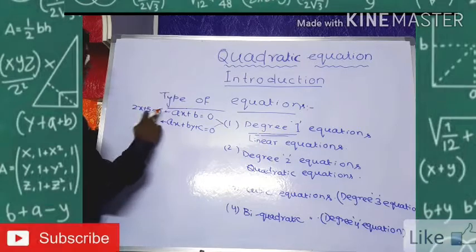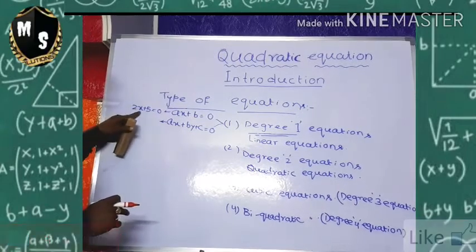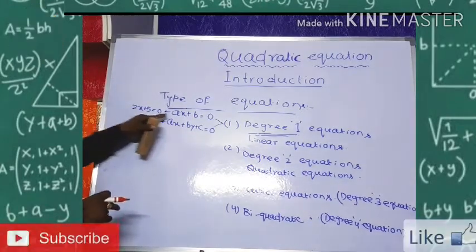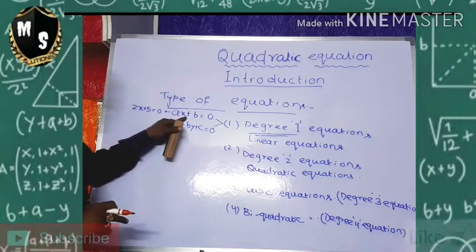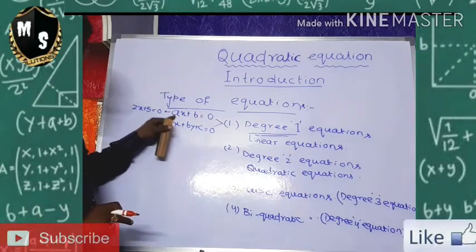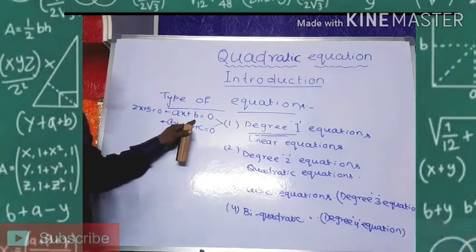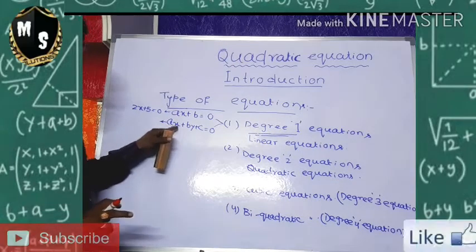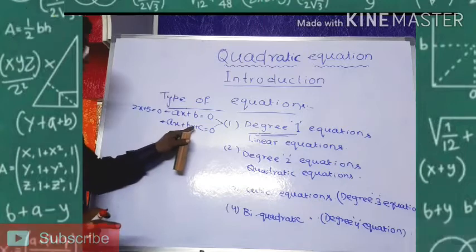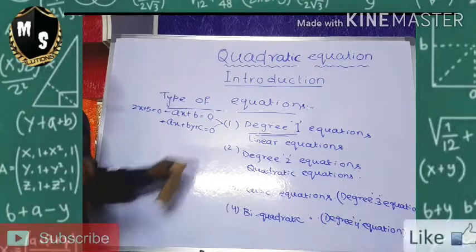This is the example of ax plus b, where a is called the coefficient of x and b is called the pure number. Here a is the coefficient of x, b is the coefficient of y, and c is called the pure number.